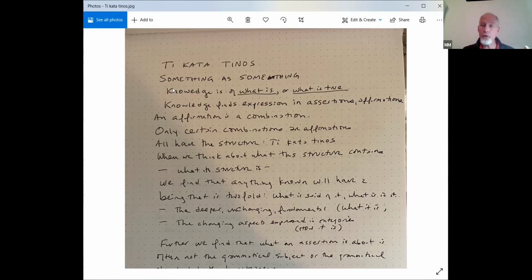So in the Categories, Aristotle is interested in showing us that only expressions that are combined in certain ways can be affirmations, and only affirmations can be true or false.